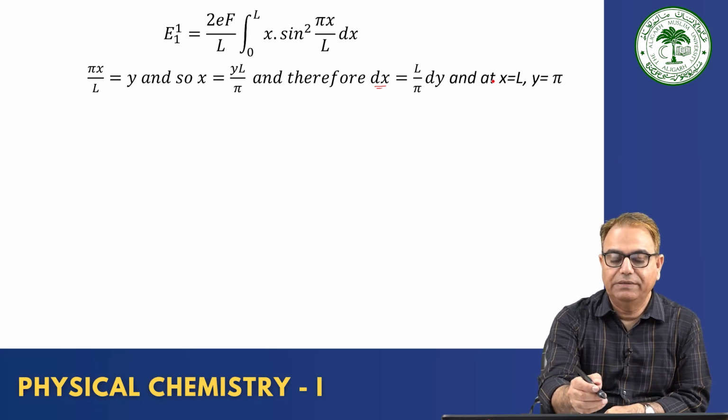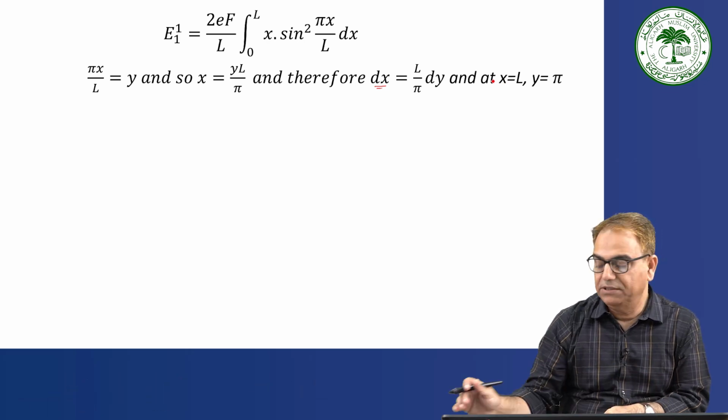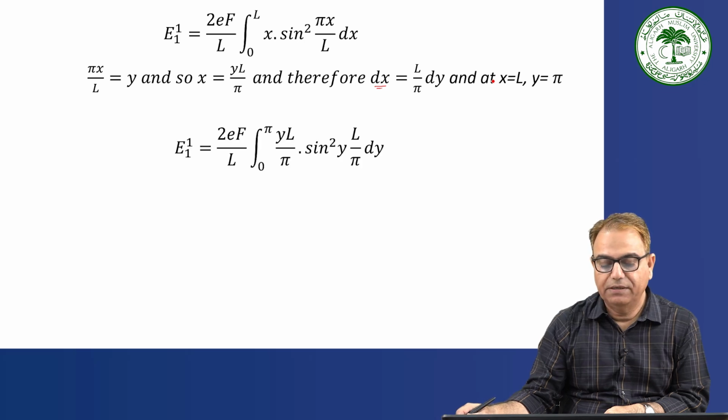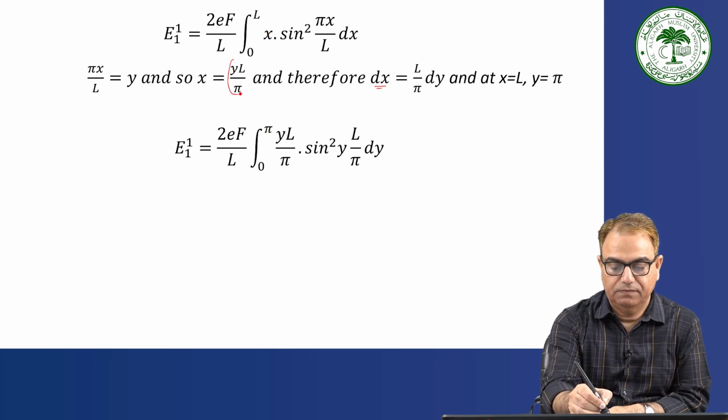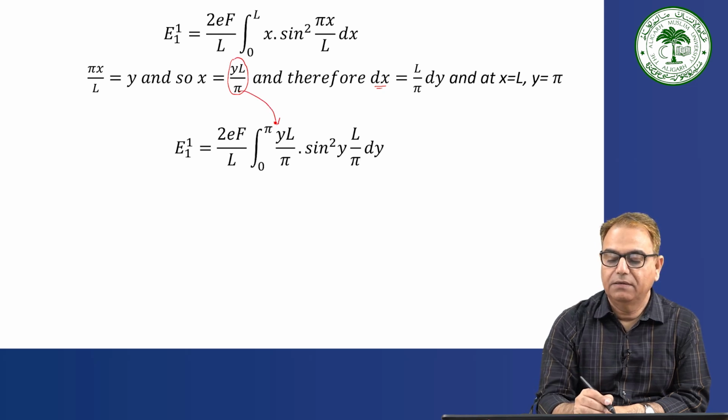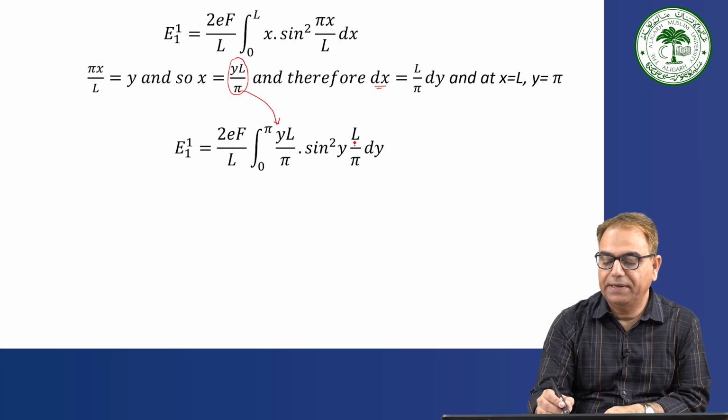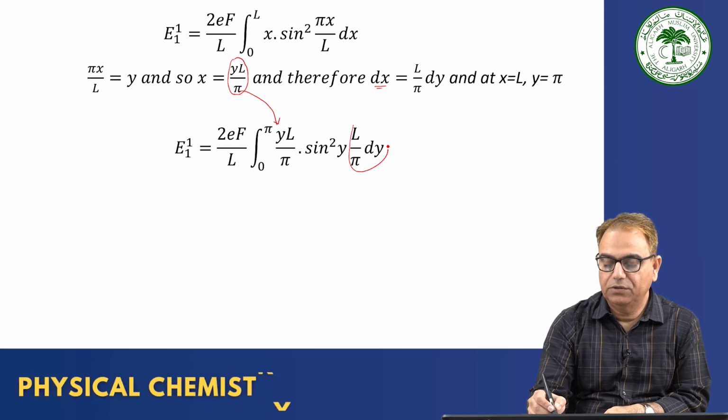So even the limits of the integral will change. What will the new integral be? 2EF divided by L will remain. Instead of x, I have written yL divided by pi, and dx is L divided by pi dy.